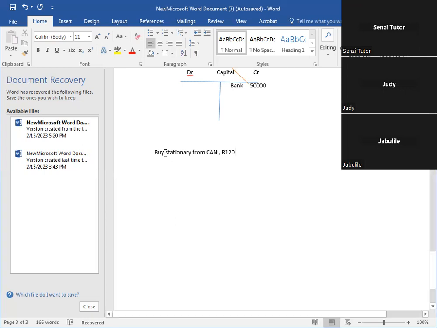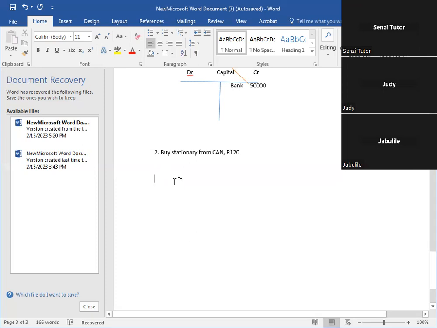I've told you that stationery means the books, pens, pencils, all material for school learners, exercise books and all those stuffs. Then we need to buy them. Therefore, there is an outflow of money. In this case, we need to consider our first question. We first identify the accounts, and then name them according to the elements of financial statements.